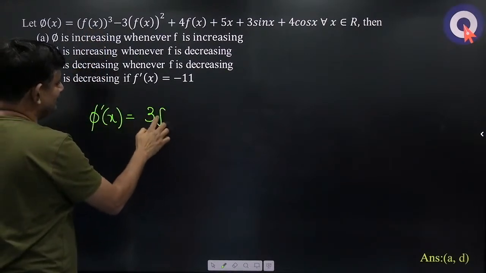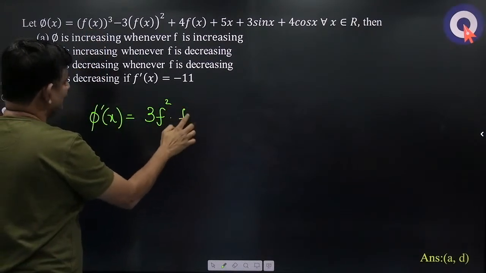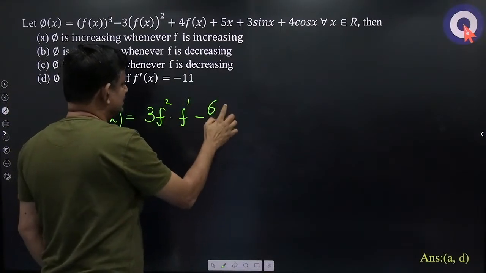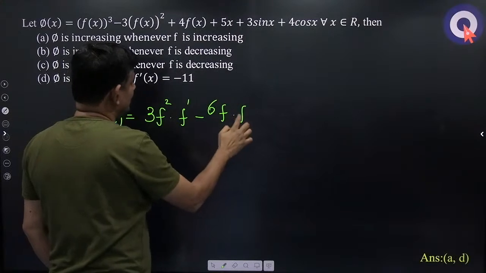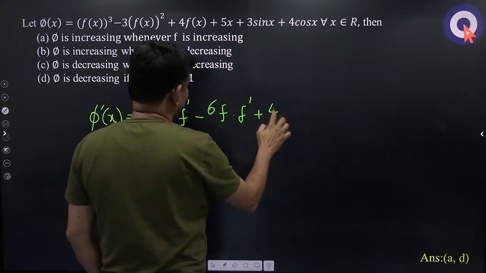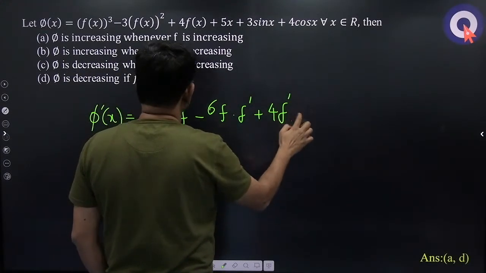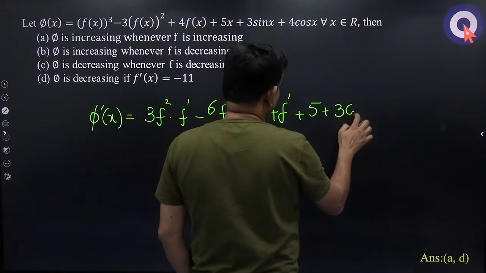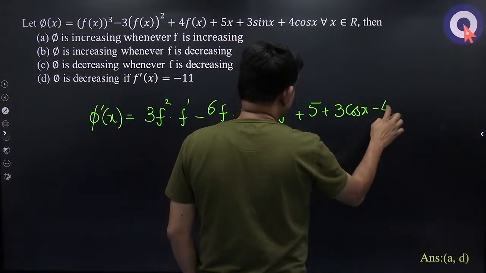3f square into f dash minus 6f into f dash plus 4f dash plus 5 plus 3 sin x, derivative is 3 cos x minus 4 sin x.